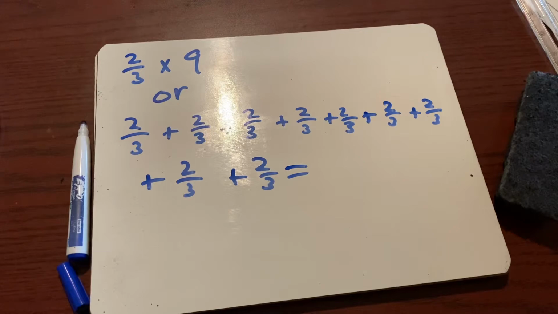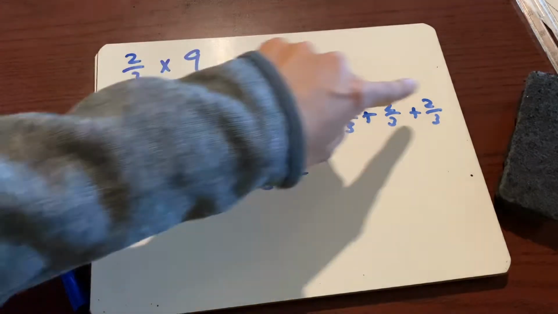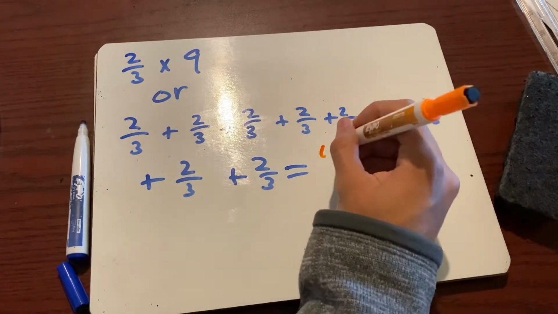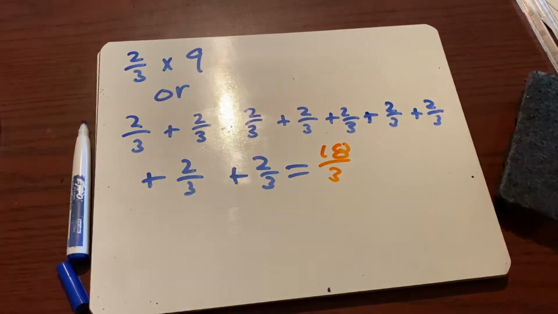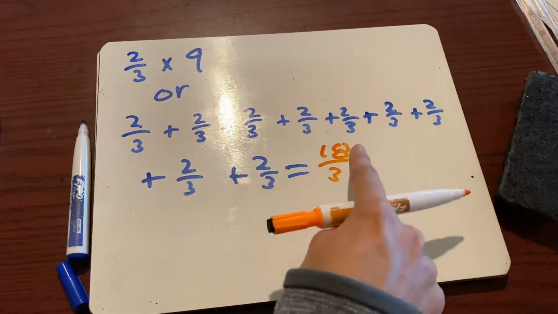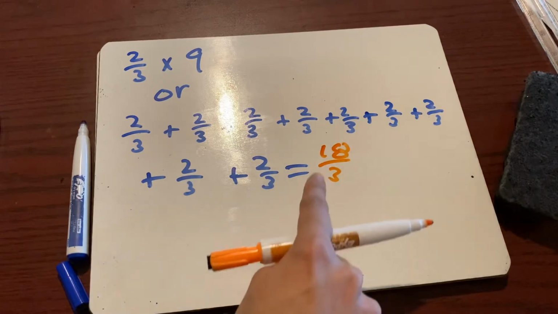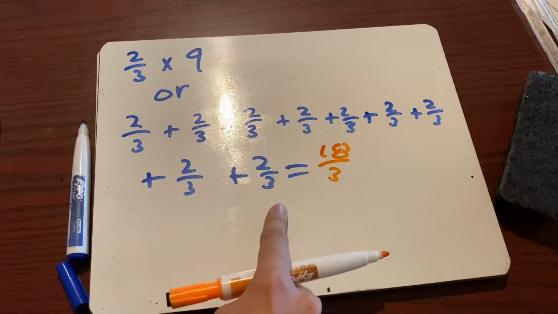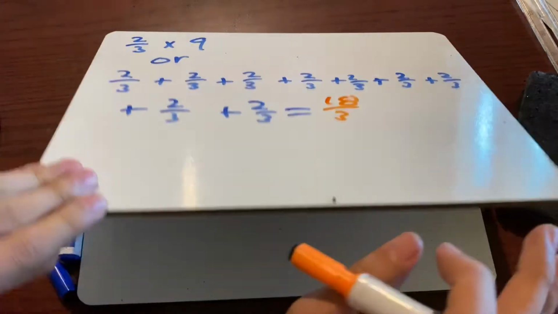Interesting. Well, if we add all of this up, we're going to get 18 over 3, because if we add up all the 2's, it's going to give me 18 over 3. Remember, our denominator does not change. So we could have done this for our warm-up questions, right?